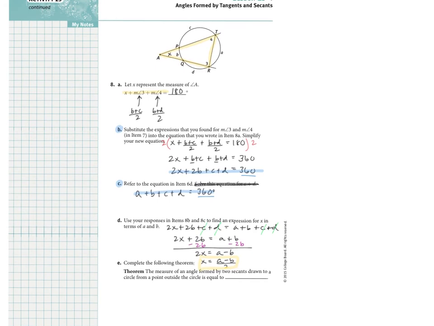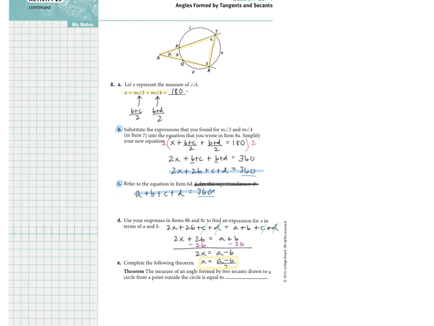So our goal is to kind of find what x is, right? That's what we're going to relate it to. So what we're going to see is the measure of this angle formed by two secants, drawn to a circle from a point outside the circle. We can see that. We're going to see this angle is actually equal to a minus b divided by 2. So let's see what that references in our picture.